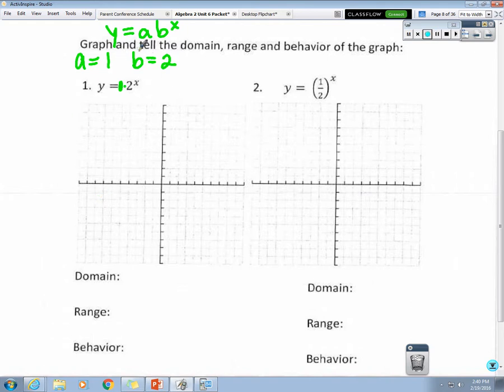It does tell us something. It tells us that our starting point's at 1, and it tells us it's going to go which way? Up from left to right, because it's a growth. But we don't have any idea if it's going to go up right here or up out here. To get that exact location, we're going to do a table of values, an XY chart.